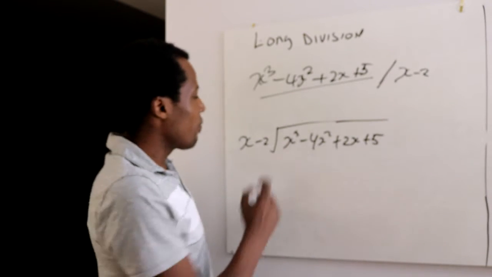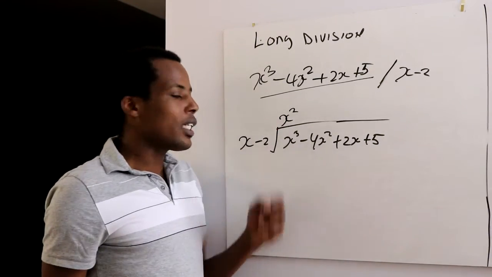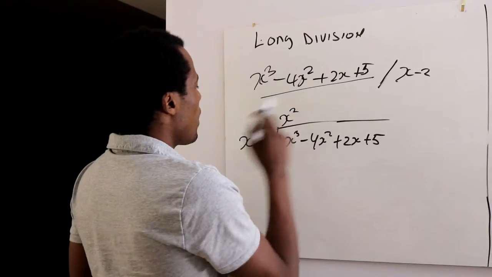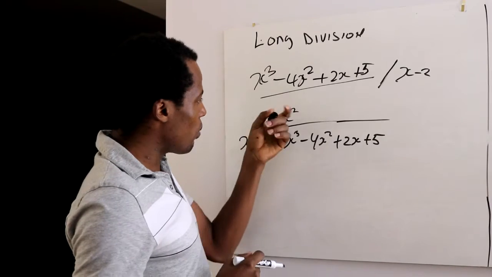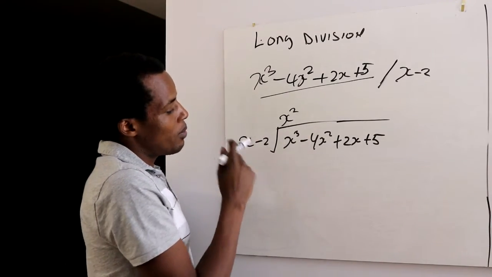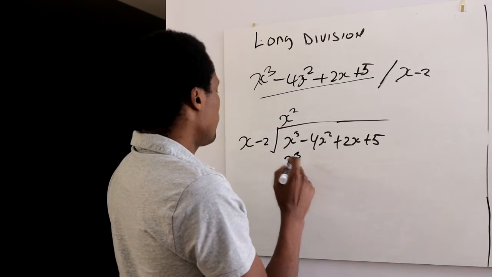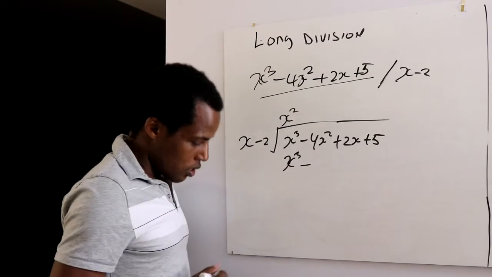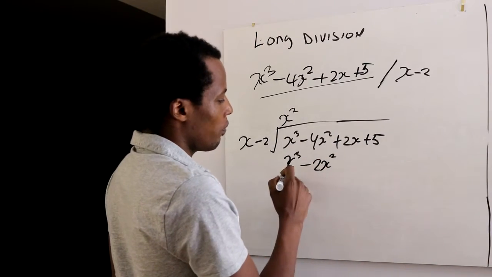So it's going to be x squared. x squared times x is equal to x cubed. Now we multiply: x squared times x is x cubed, and x squared times minus 2 is minus 2x squared.